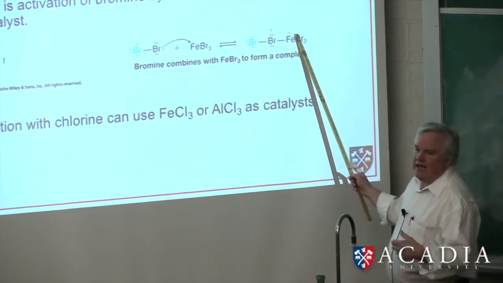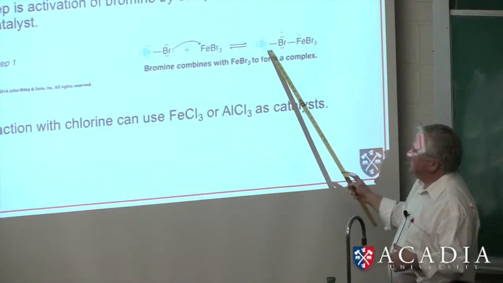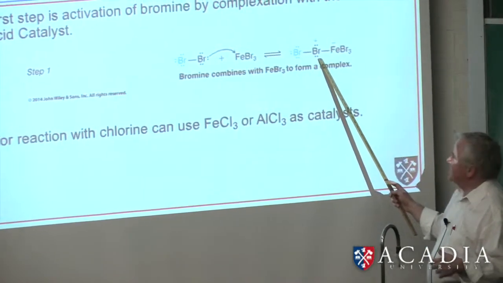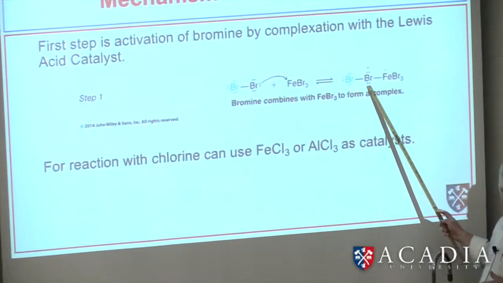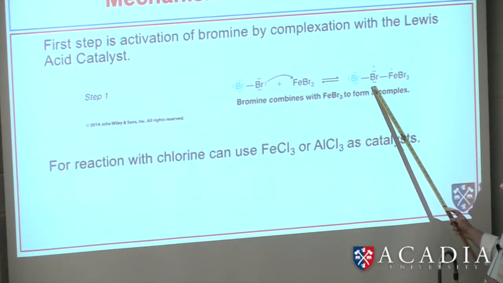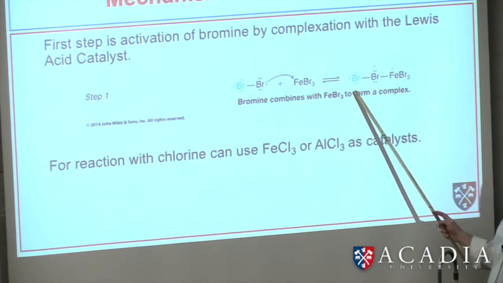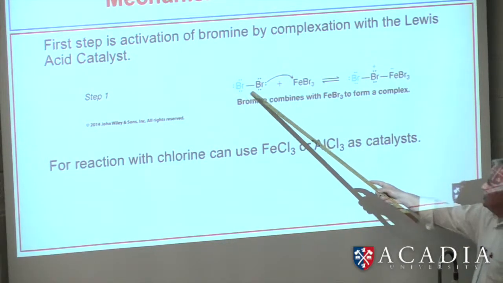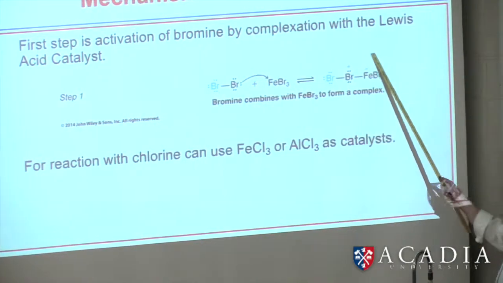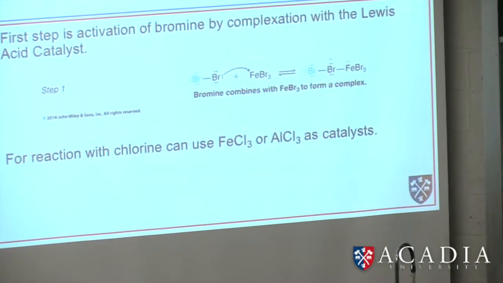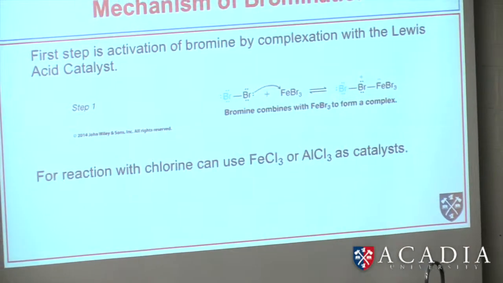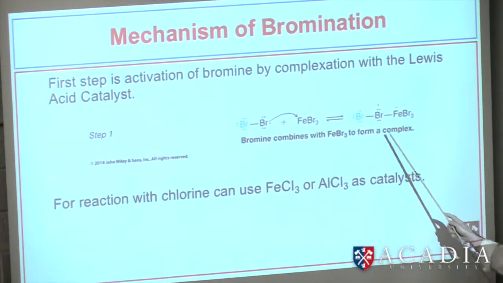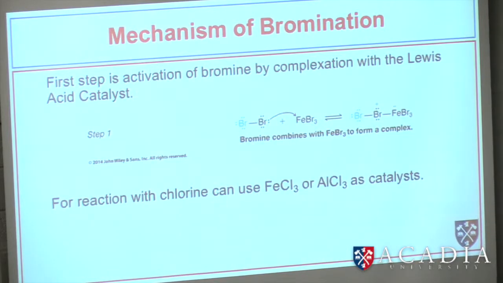That's fine. It is likely more of a complex. This is a Lewis acid-base complex, and it's very electrophilic now. So the first step is just souping up the electrophile, making it more reactive. Our halogen reacts with the catalyst to give us this souped up electrophile. That electrophile is now very reactive and can react with a crappy nucleophile like benzene.